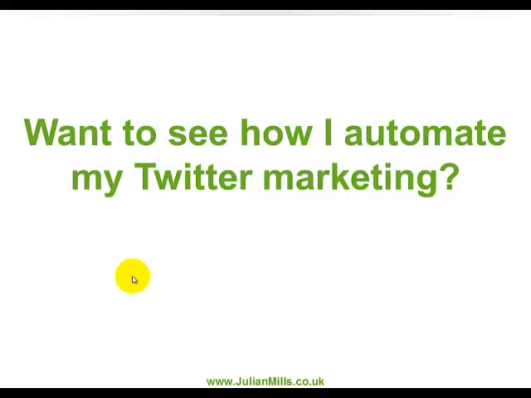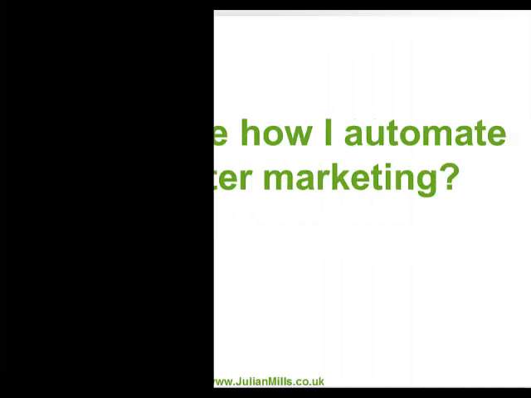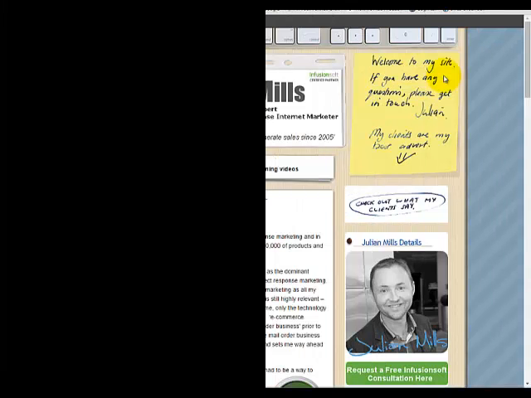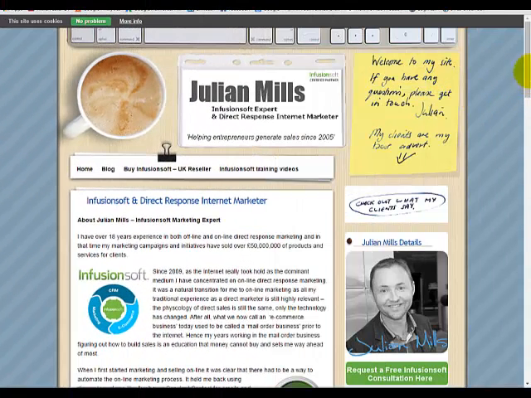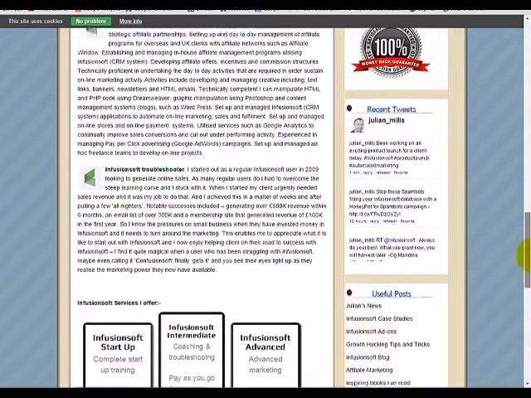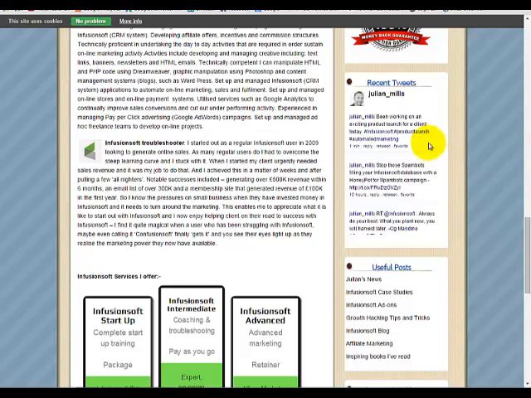So, would you like to see how I automate my Twitter marketing? The first thing I'd like to show you is my blog or website. So here we are looking at my website, and if you scroll down you'll see where I've got a widget installed called My Twitter Widget. Here we go, and you can see a selection of my recent tweets.